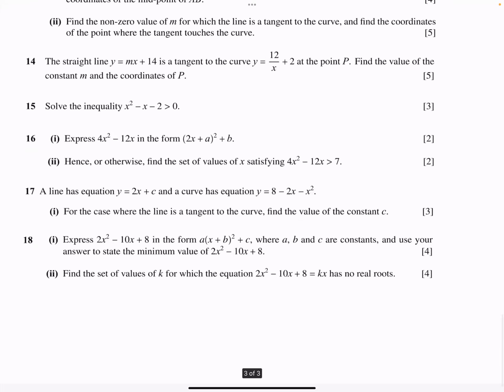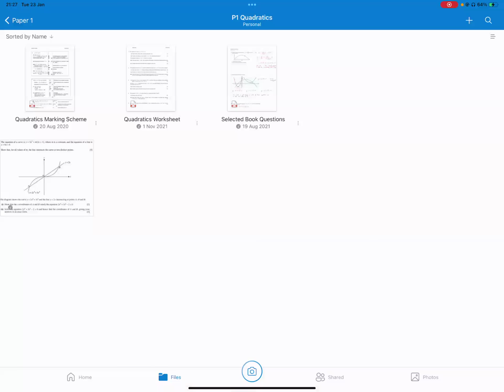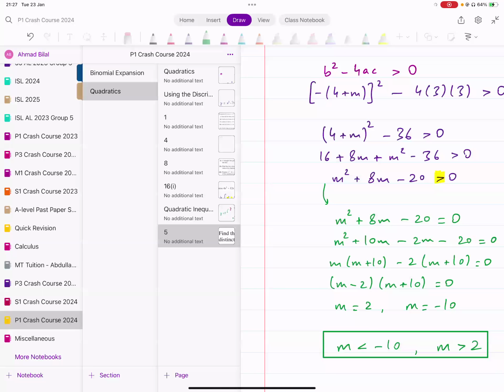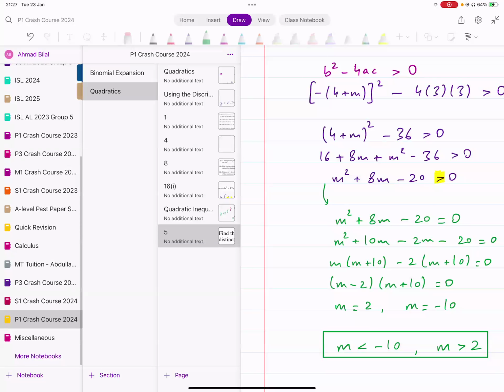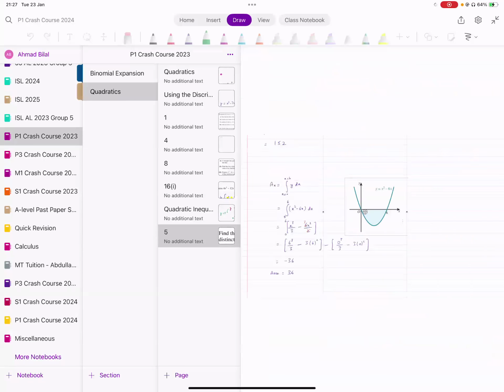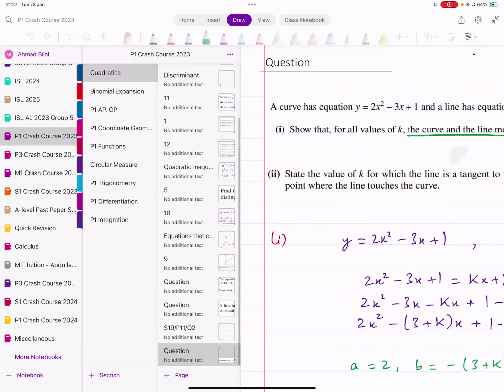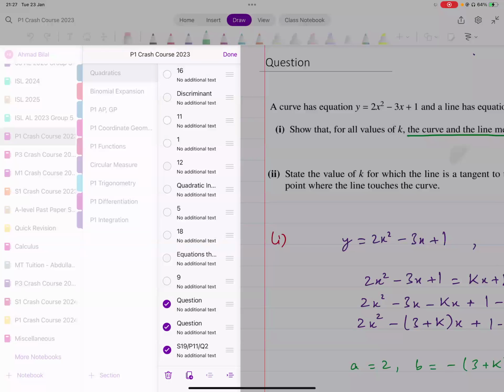In addition to this worksheet, I've actually uploaded a couple of extra questions on Classroom as well. But in addition to that, I would want you to solve a few others as well. I'm going to copy them from somewhere here. They are good questions, and they're not part of the worksheet. They're from some recent papers. Let me just add these questions here.